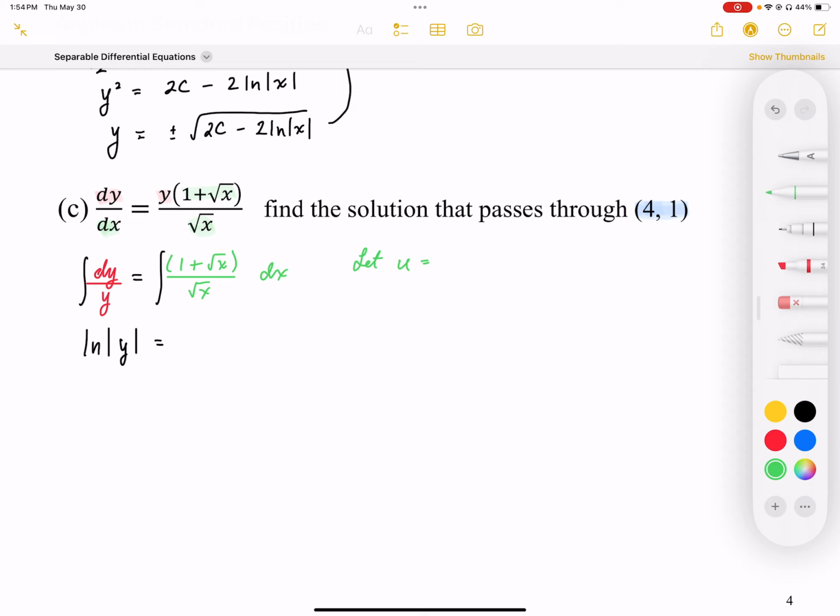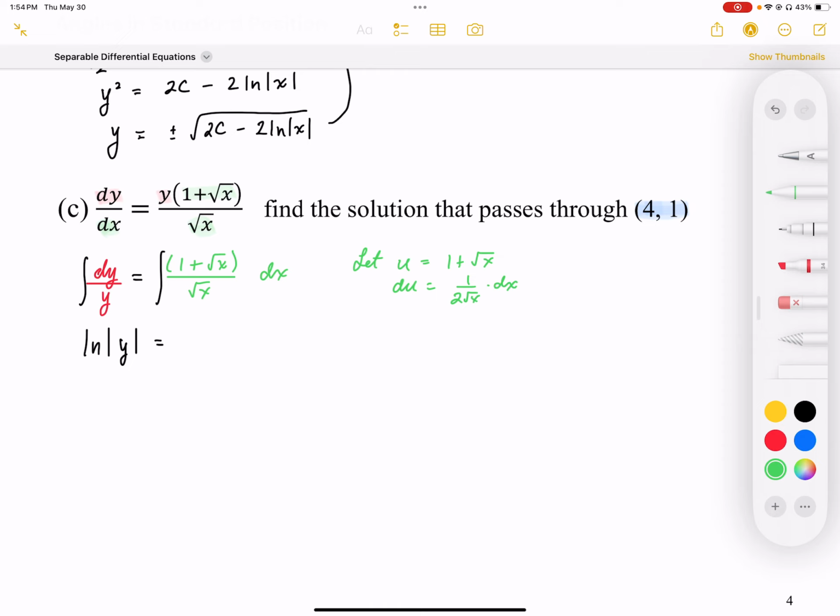So here, if I let the inside be 1 plus root x, the derivative will give me a root x in the denominator. So I'm going to let u be 1 plus root x, and then the derivative is going to be 1 over 2 root x times dx.